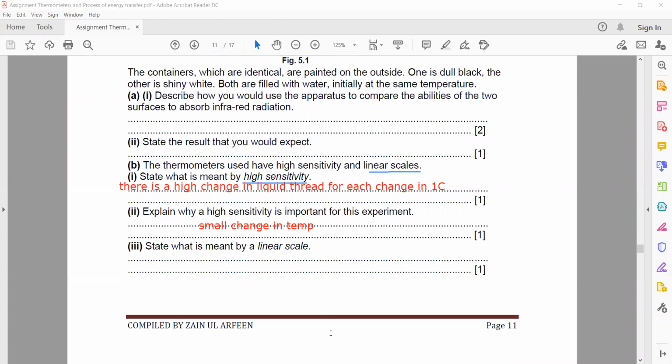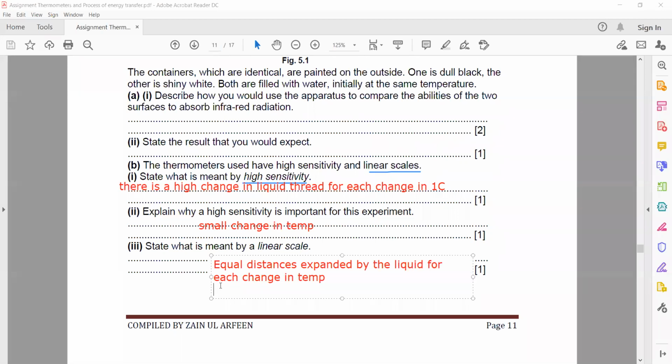What is meant by a linear scale? What's the meaning of a thermometer having a linear scale? So on the thermometer, equal markings are there, so equal distances are expanded by the liquid for every 1 degree change in temperature.